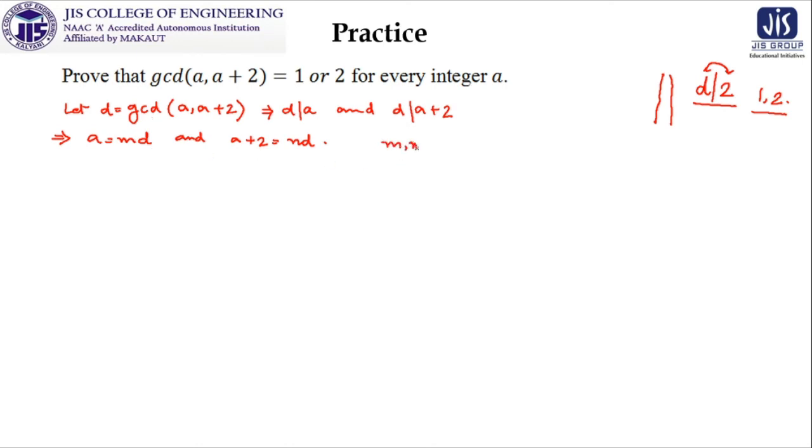So M and N are nothing but some elements from Z. Z means set of integers.